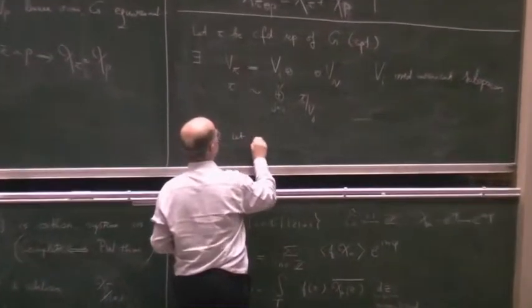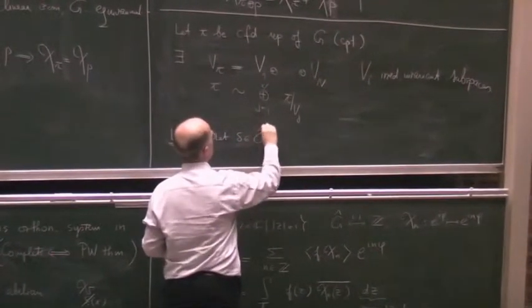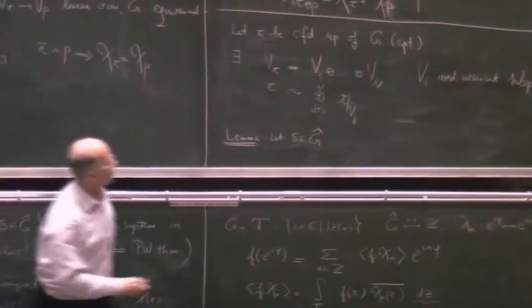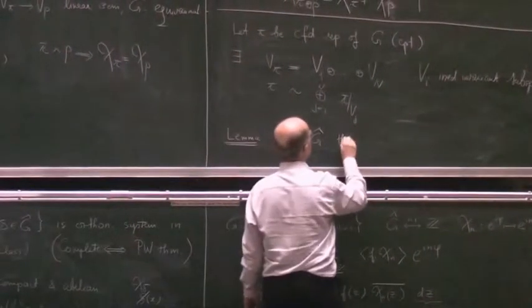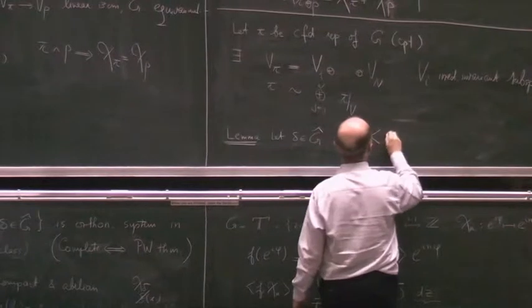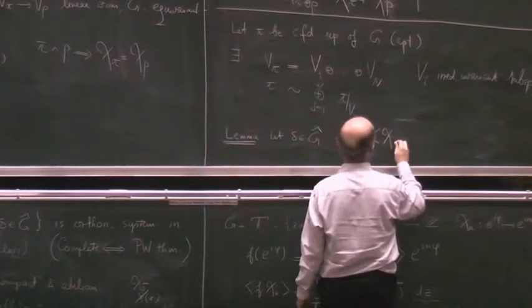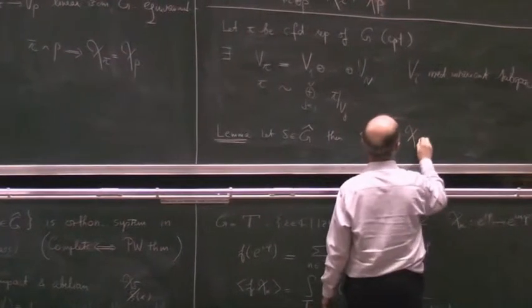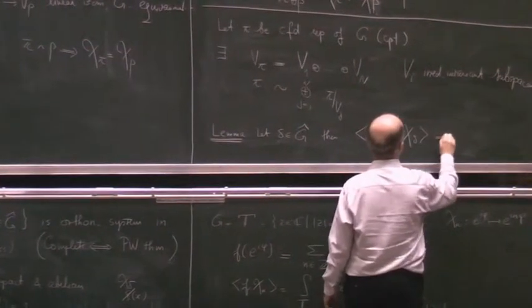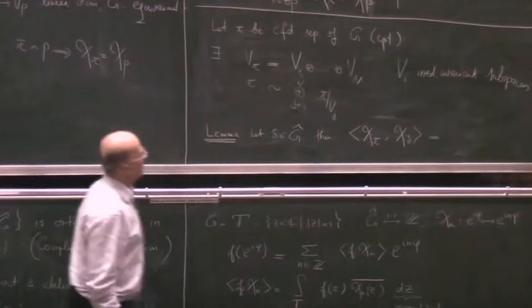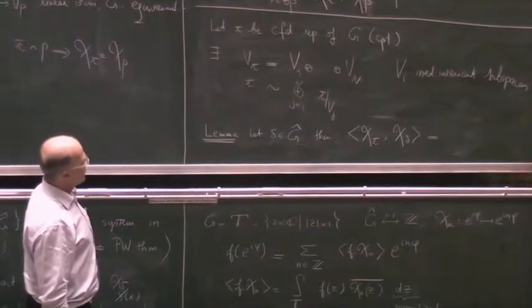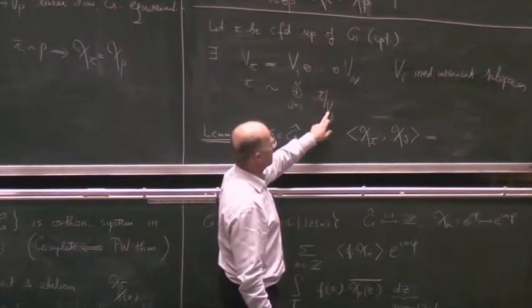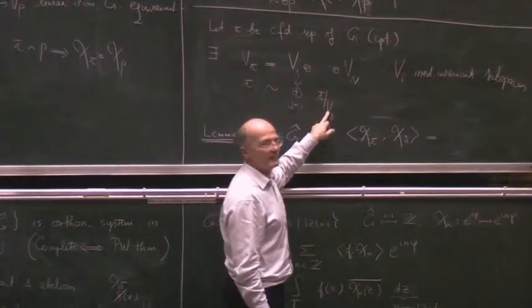Let delta be an irreducible representation of G. Then the inner product of chi pi with chi delta is just the number of j's for which this restricted representation is equivalent to delta.